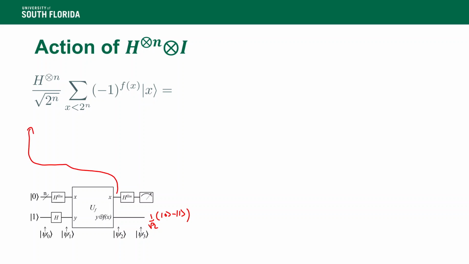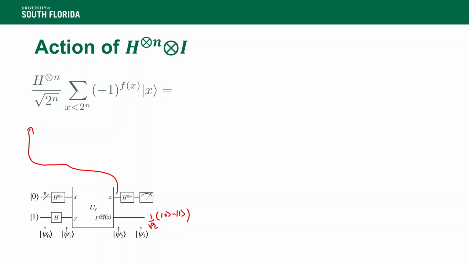What happens on the first n qubits? We have the Hadamard matrix tensored n times applying to a sum of minus 1 to the f of x times x.